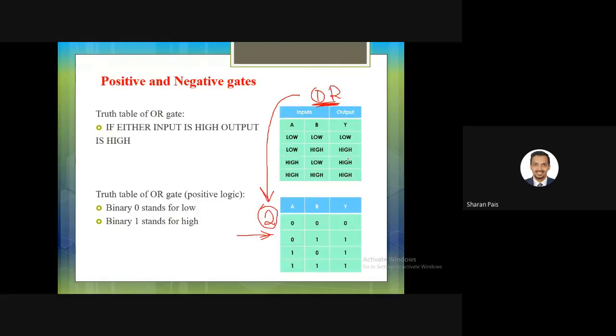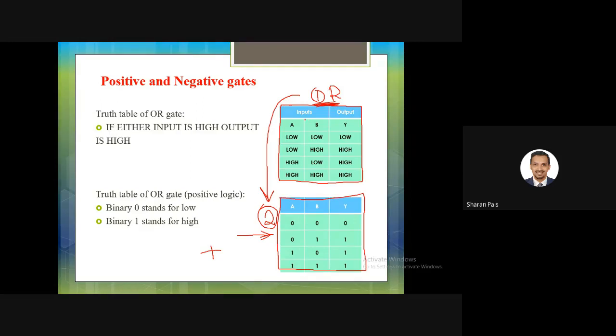We took the first table from the OR gate circuit. We applied positive logic and got the OR gate table.